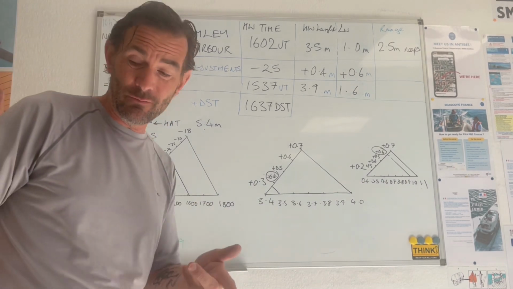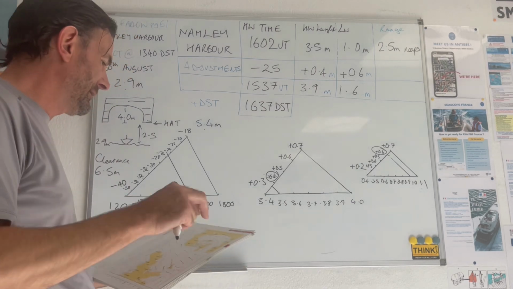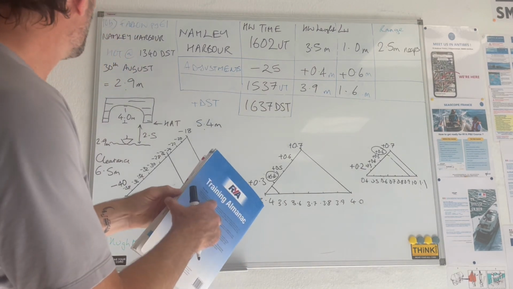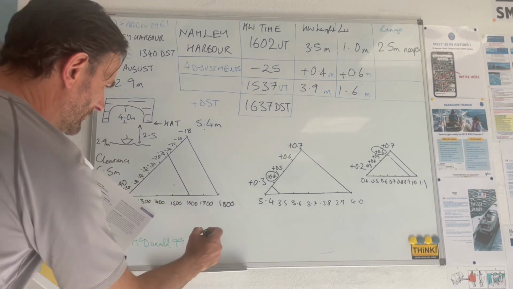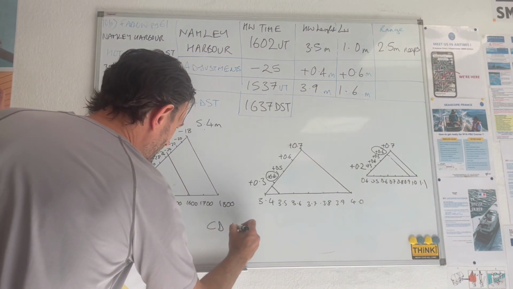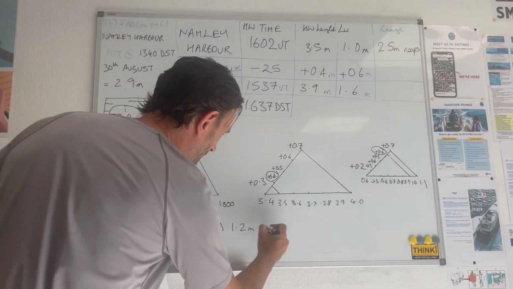Well, that one's dead easy by comparison. We just have to look at the depth at the Upper Town Quay, back to the chartlet for Farlow River there, and you can see the Upper Town Quay there has a charted depth of 1.2. Chart datum 1.2 metres. Our height of tide is 2.9 metres.